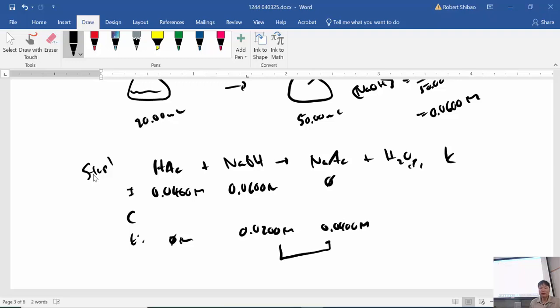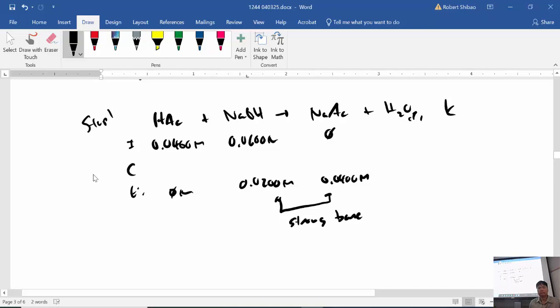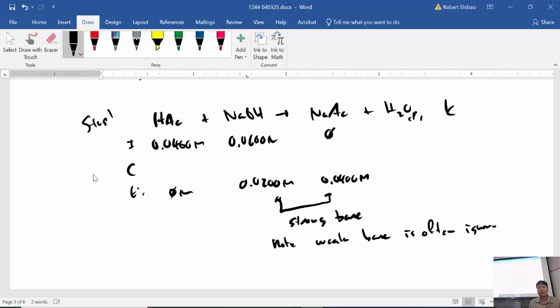So this is what we call a strong base, weak base mixture. However, because of the common ion effect, the weak base is often ignored, for two reasons. One reason is that weak bases don't produce much hydroxide.